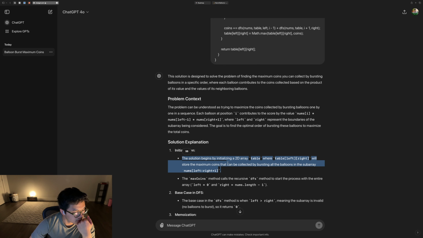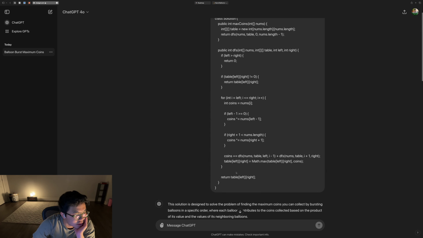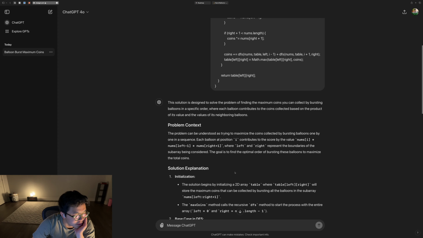Nums left, nums right, plus 1. The max coins method? You mean DFS?